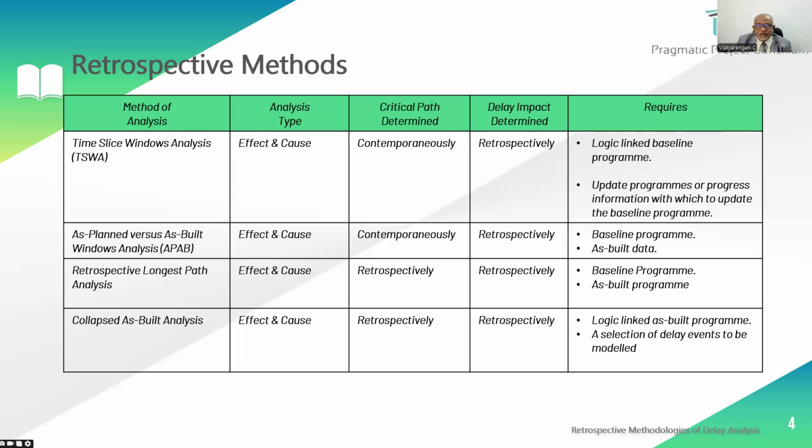The actual program, when each and every activity is completed, in comparison with the baseline. So here, how the longest path has actually happened: is it the longest path they originally planned in the baseline, or how is the longest path in comparison to the baseline?